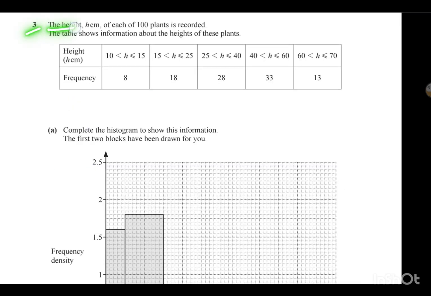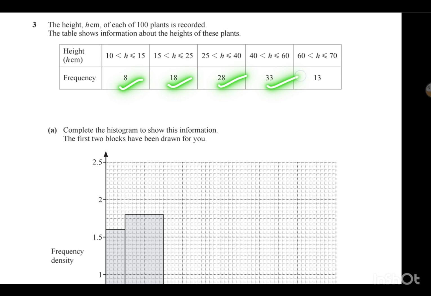Question 3. The height h centimeter of each of 100 plants is recorded. The table shows information about the heights of these plants. The heights are given in the class intervals: 10 to 15, 15 to 25, 25 to 40, 40 to 60, 60 to 70 centimeters. Frequency is also given.